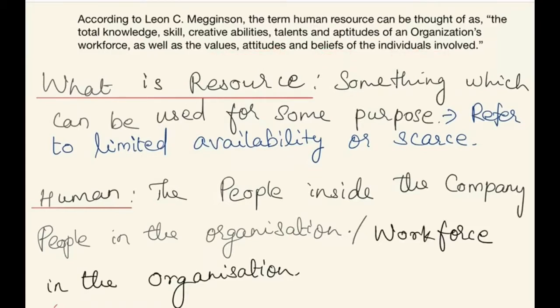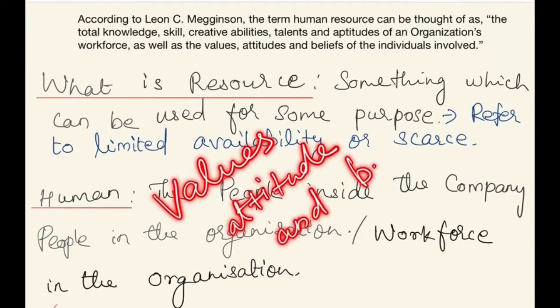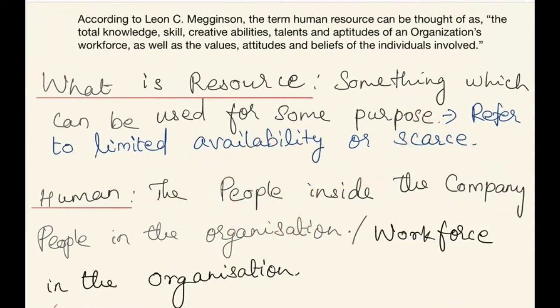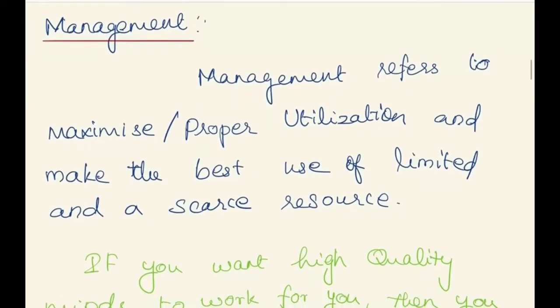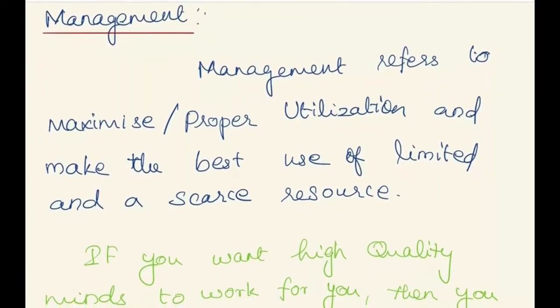For every human being, values, attitude and beliefs play a major role. If a person is very good in their knowledge, beliefs and attitude, they can build a very good organization.